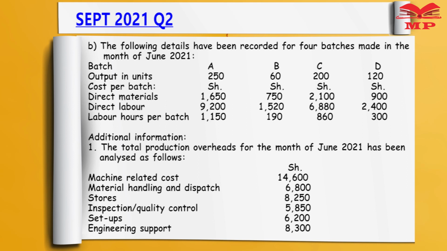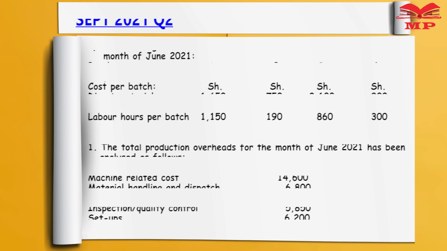Note number 1, the total production overheads for the month of June 2021 has been analyzed as follows. The costs are in shillings, so we have machine-related costs, material handling and dispatch, stores, inspection, quality control, engineering support.